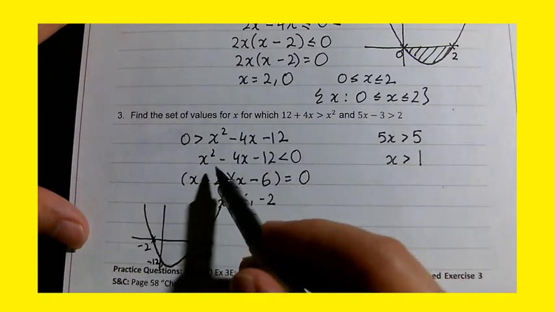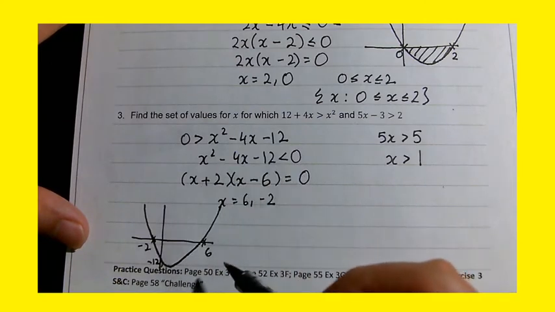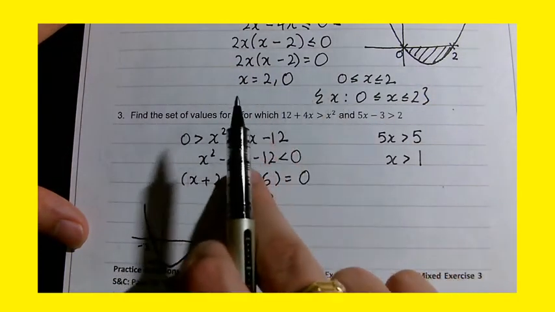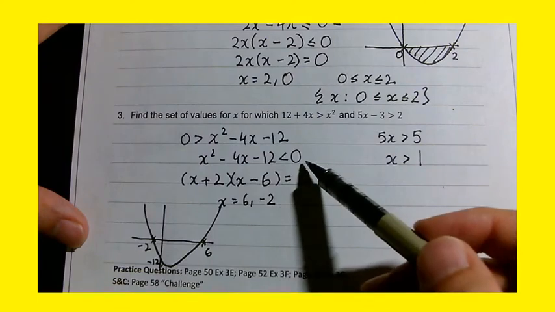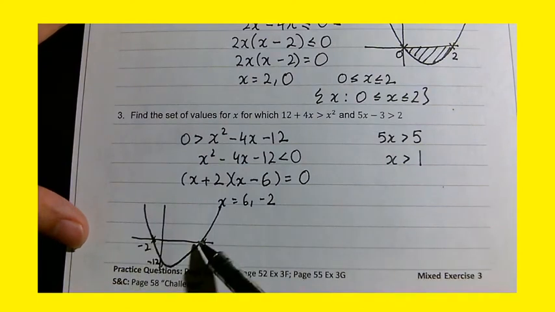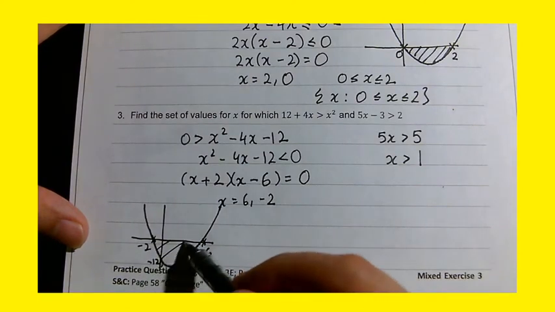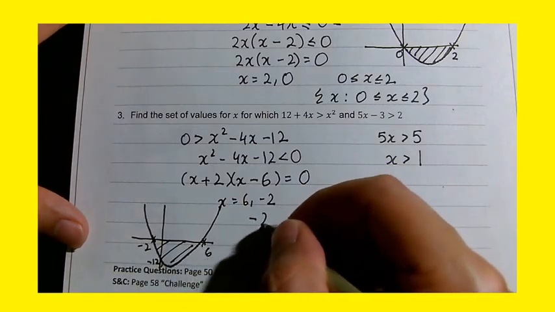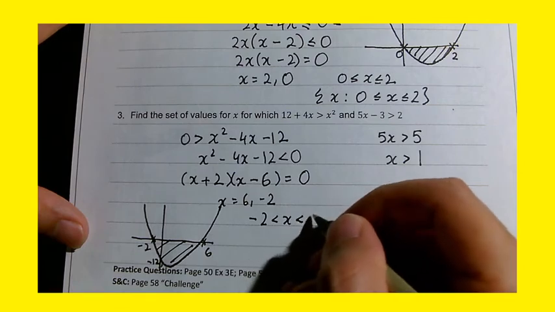So when is the graph less than 0? As we've seen in the previous example, any quadratic graph is less than 0 for the section that's below the x-axis, so between minus 2 and 6. And we'd write it like this.